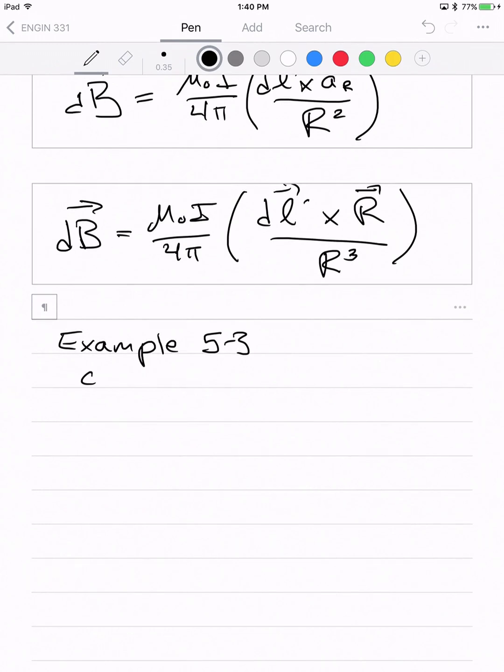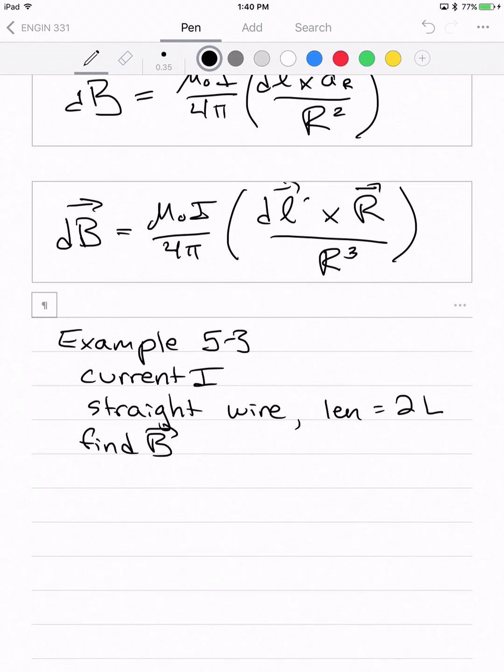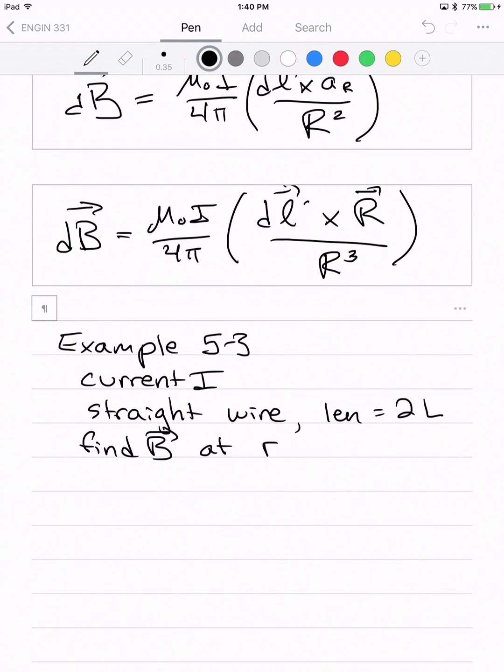We have a current I, which is on a straight wire, and it has length 2L, and we're supposed to find the magnetic field B, or the magnetic flux density, at a point R, some distance from the wire, in the plane that bisects the wire.